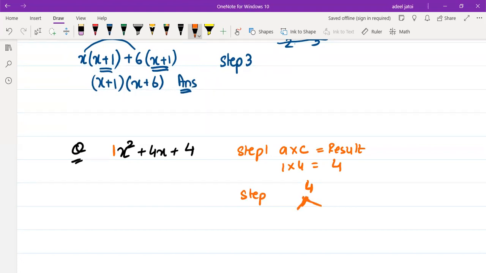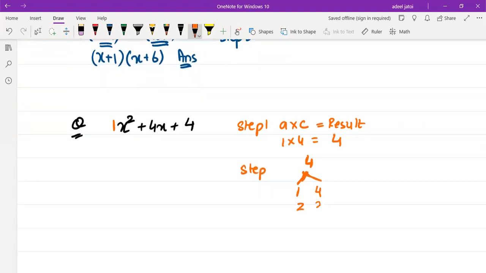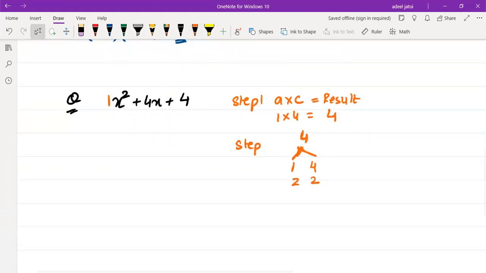So 1 into 4 is 4 and 2 into 2 is also 4. There's no other number apart from that. So we're going to see which number is in the middle. We have 4, right? So 1 plus 4 will give me 5 and 1 minus 4 will give me 3. So that means this is not required. But 2 plus 2 will give me 4. So we're going to write x square as it is.